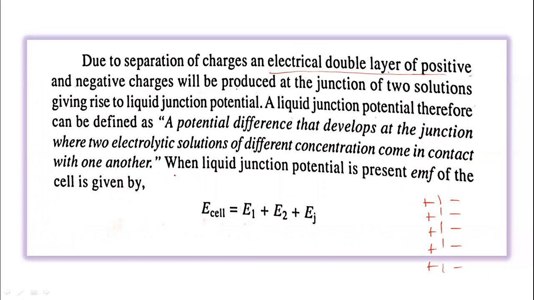So what is a liquid junction potential? A liquid junction potential can be defined as a potential difference that develops at the junction where two electrolyte solutions of different concentrations come in contact with one another.